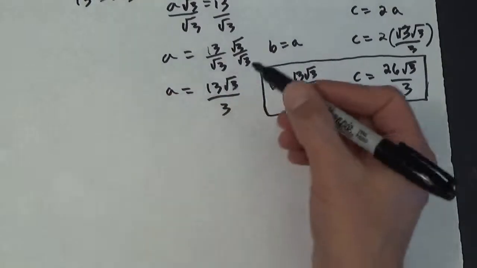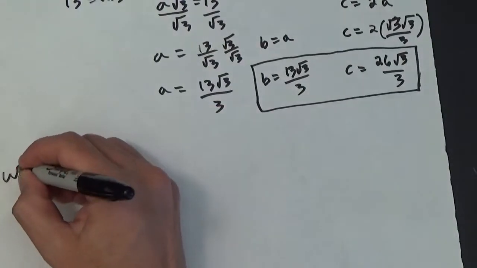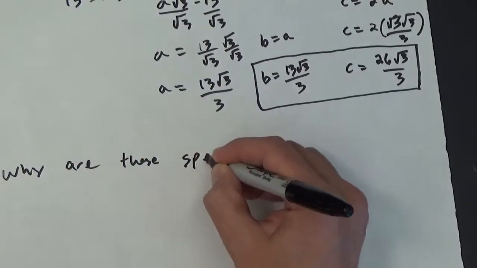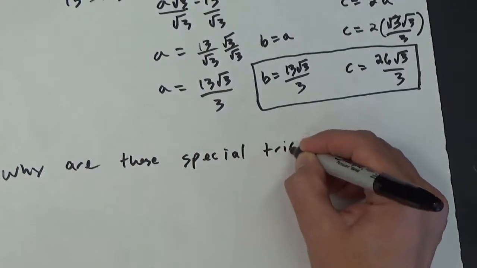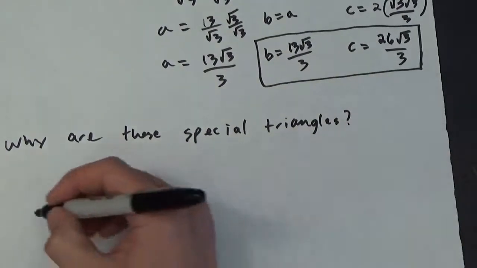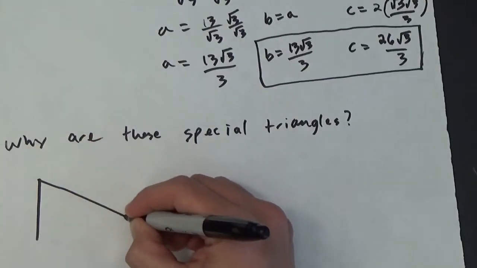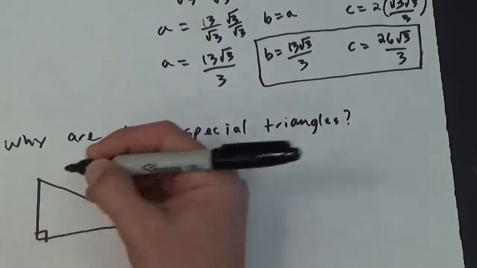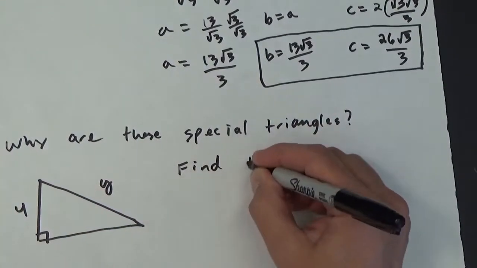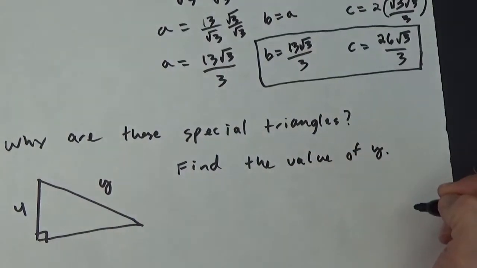Okay, so one question that's maybe popped into your head is, why are these special triangles? Let me give you an example. Let's say we just have this right triangle, 4 and y, and we want to find the value of y.